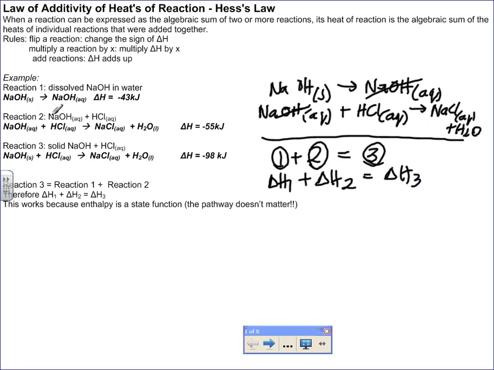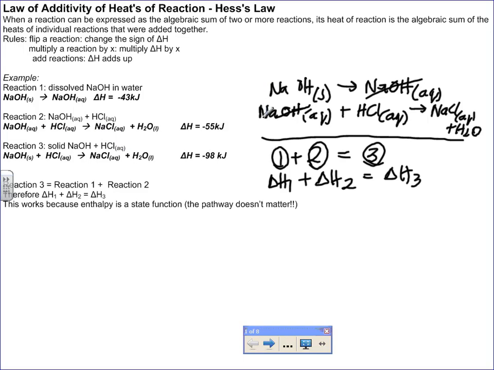If we think about it even closer, we can see that this reaction really occurs in these two steps. When we react solid sodium hydroxide with a hydrochloric acid solution, the sodium hydroxide dissolves and then the dissolved sodium hydroxide reacts. So no matter which way you look at it, reaction 1 plus reaction 2 is equal to reaction 3.